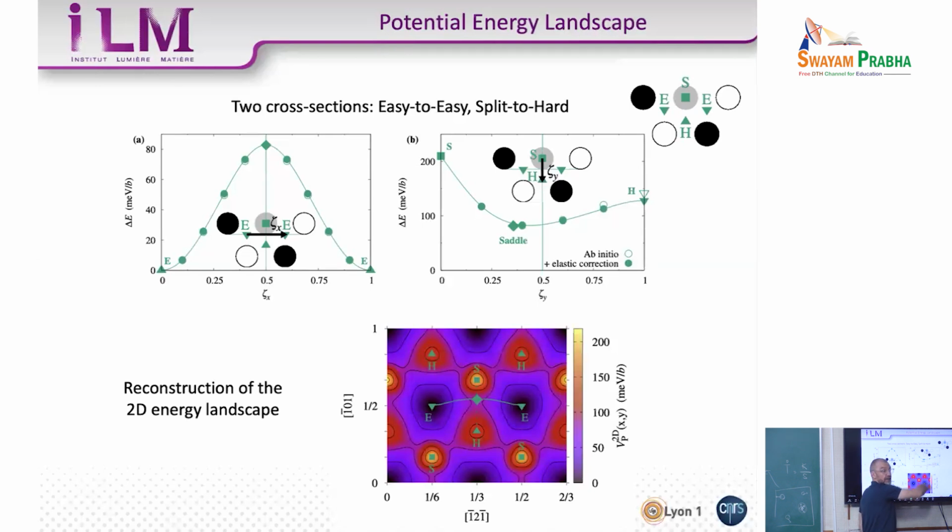And now, when the dislocation is moving from one easy core to the next, it's going to follow a trajectory in this potential energy landscape. Now, in this orientation, this is the 110 glide plane. When the dislocation goes from easy to easy, on average, it goes in this direction.